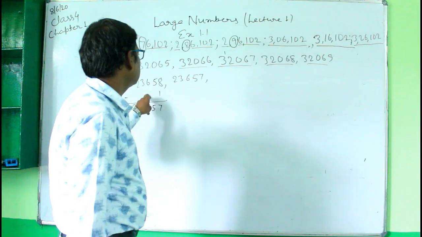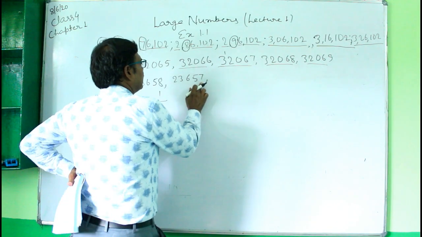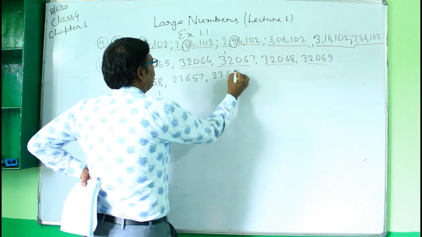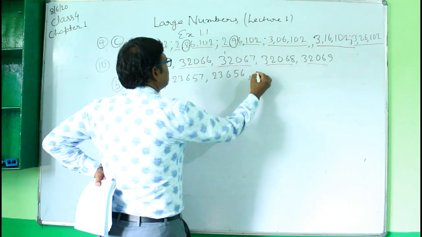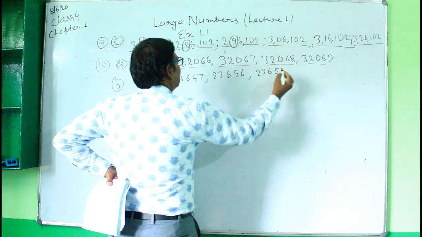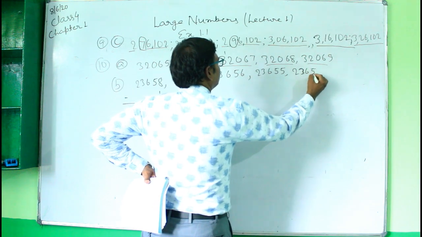Like the predecessor of this is this, then the predecessor of this, again you subtract 1 from this number, so you will get 23,656. Then next will be 23,655, and next will be 23,654.